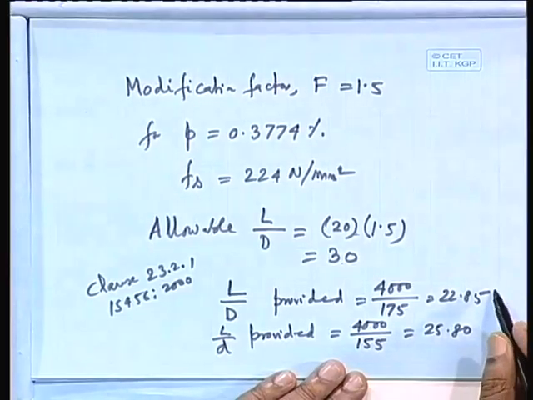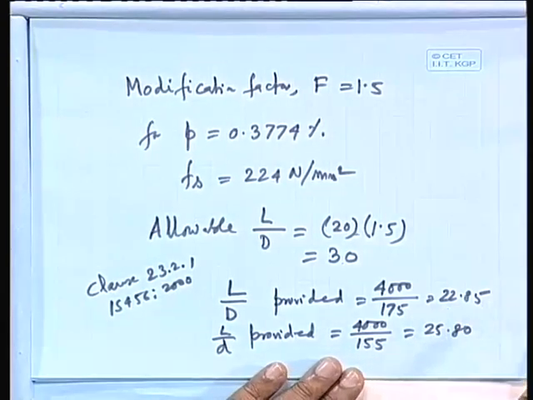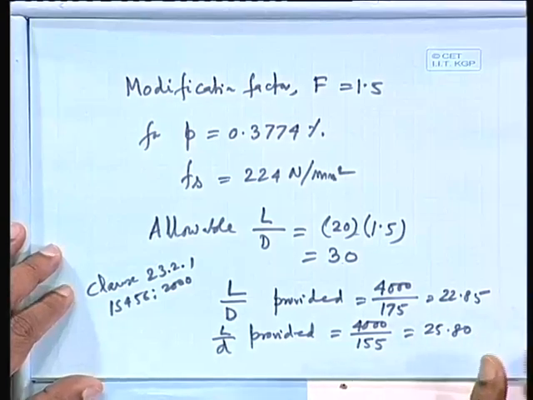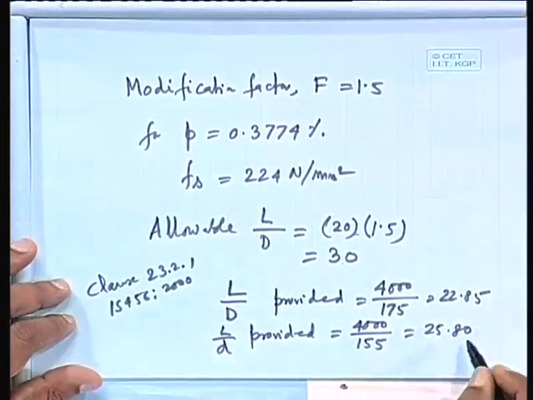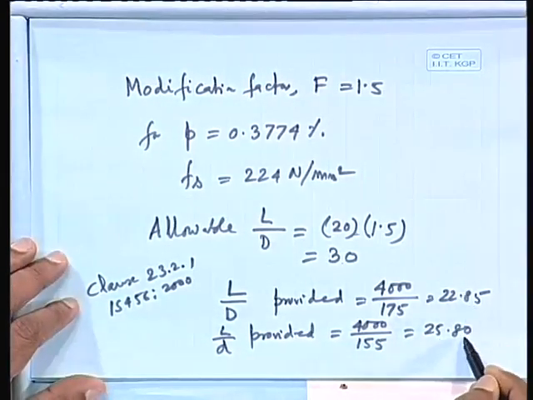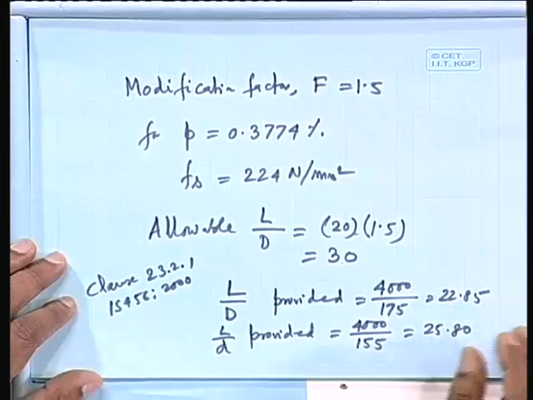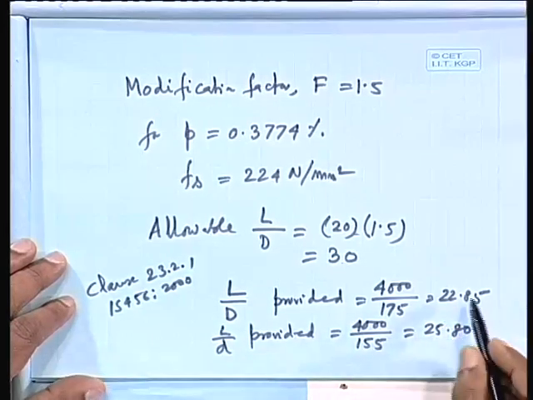So, now what is our status then? In one case we are safe, in one case we are not safe. That is where the confusion comes. So, 22.85, 25.80, we are getting two different values. So, obviously here we have to find out.